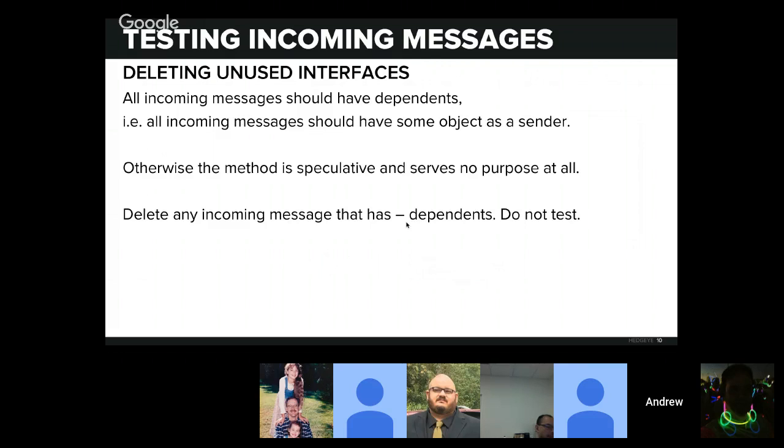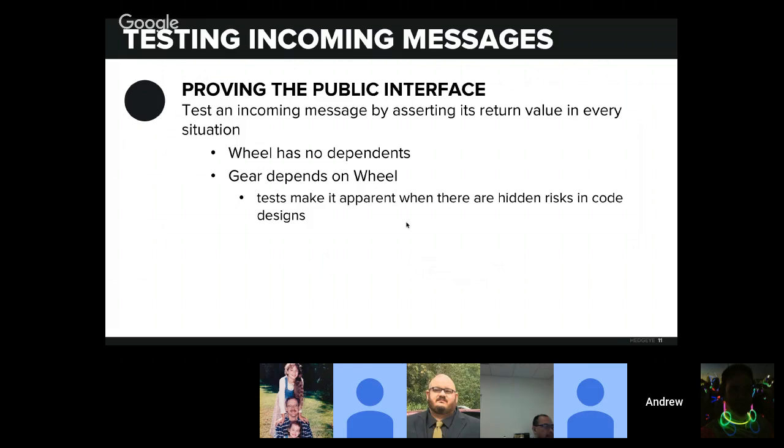To better future-proof your code, make sure that you're able to change it easily so that when there is a new requirement, it's easier to implement that new method rather than try to incorporate that method in a hard-to-change way. And if there are any incoming messages with no dependence, Sandy says delete them, and do not test them if you do not delete them. So I think we still have more.